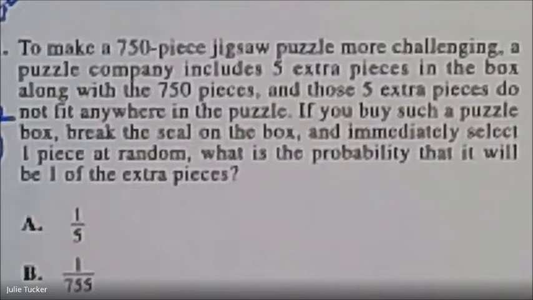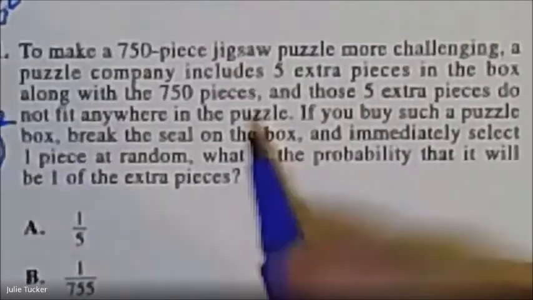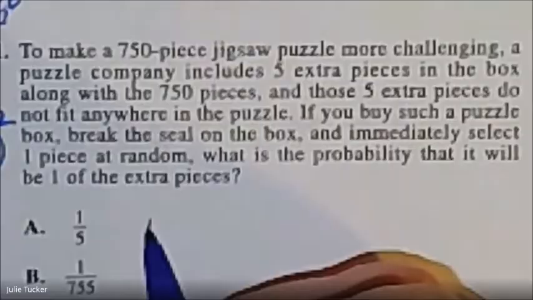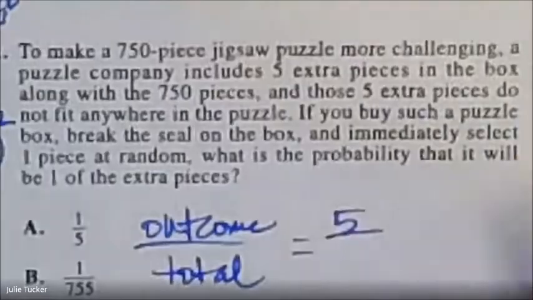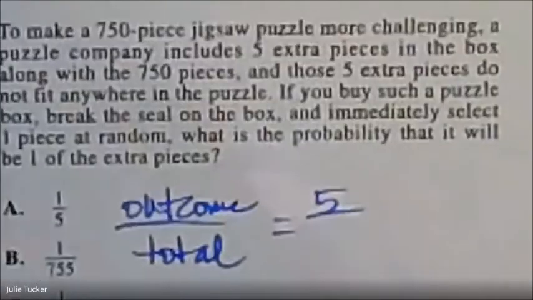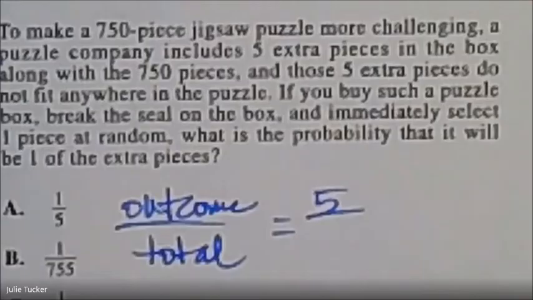So for probability, do you remember that it's the outcome they're asking about out of the total? Exactly. It'll be 5 out of the total because there's 5 of them. And how many pieces are there all together?